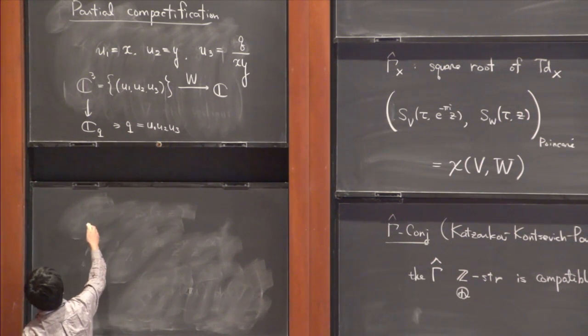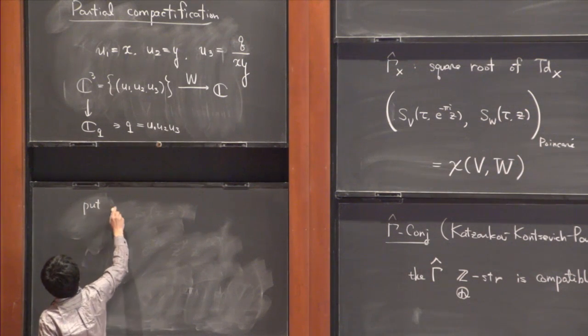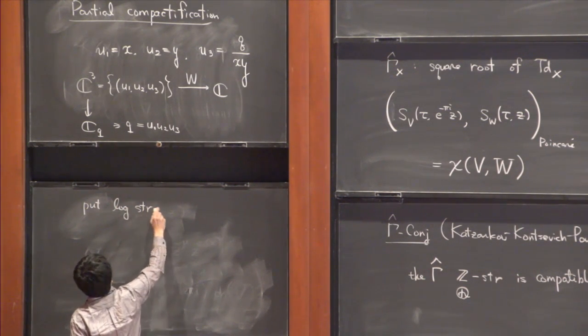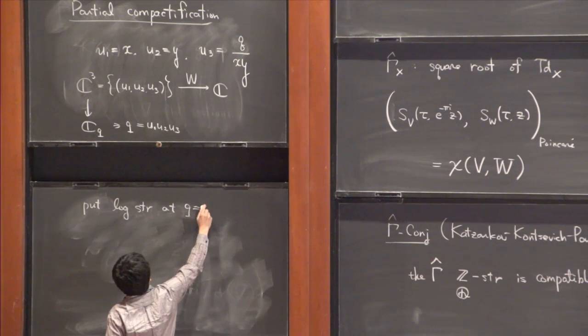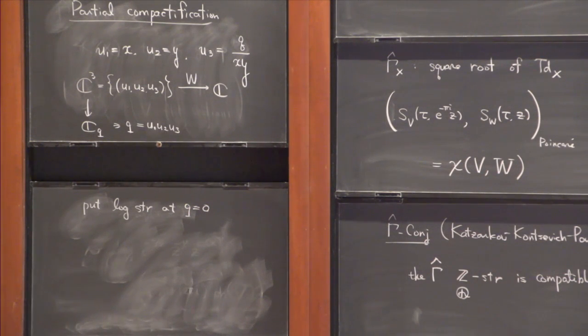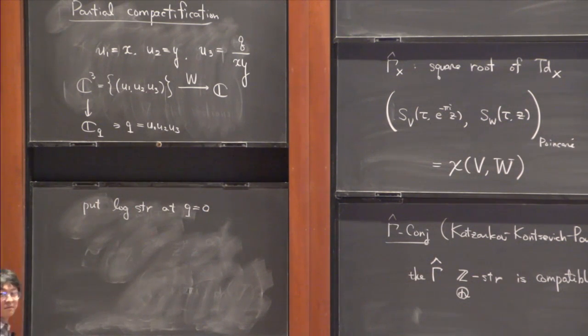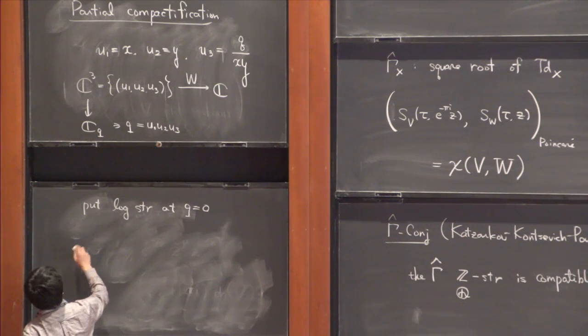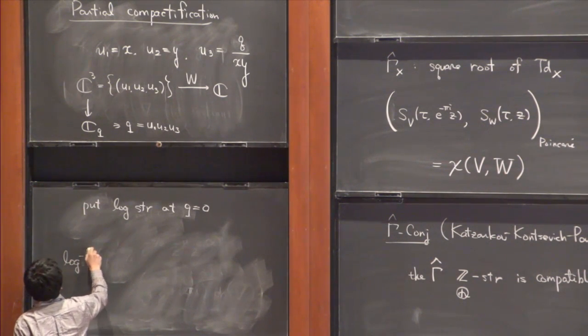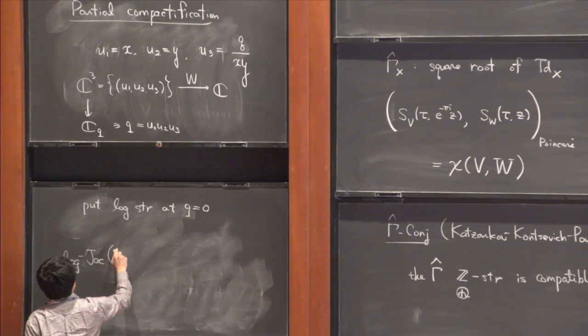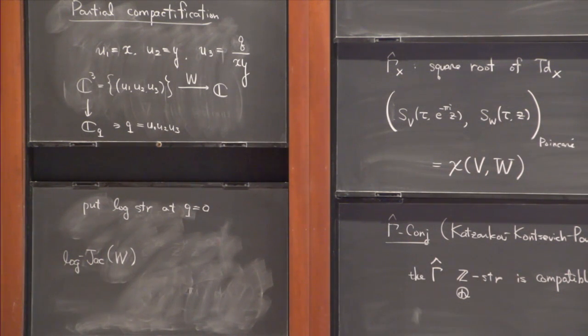We put the standard log structure associated with a divisor at q equals 0, and also put a log structure on C^3, the union of three planes. Then this family is smooth in the sense of log geometry. Then you can compute the log Jacobian ring of W in a relative sense.